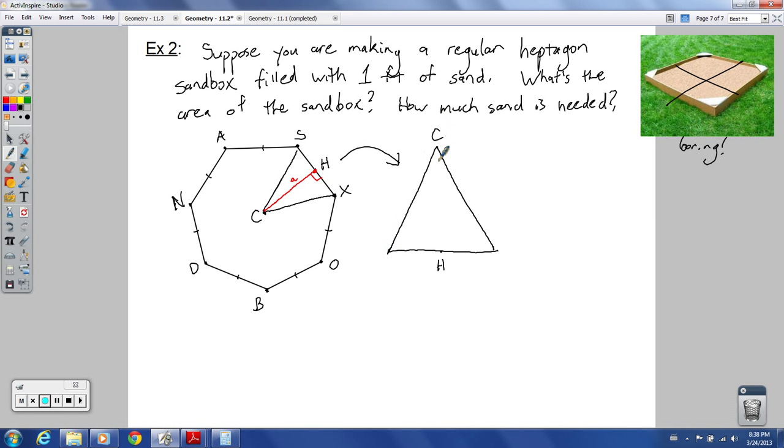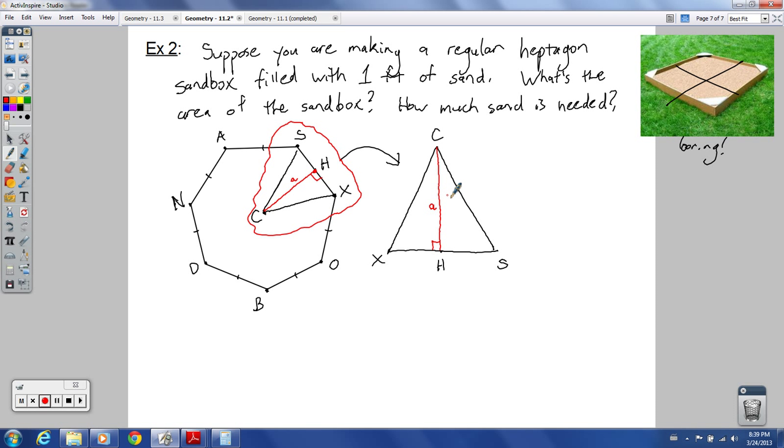This is the center point C. In our different color, let's circle this part here and say that this is this part right here. So that I think will make it a little more clear as to what we're doing with this. And this would be S right there, and this would be the X right there, and the apothem, let's draw that in as well. Okay, so this is a right angle right there.